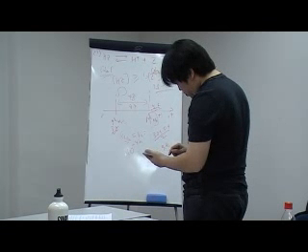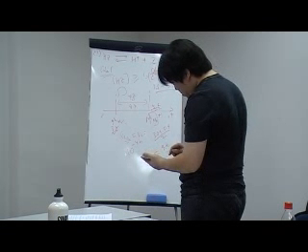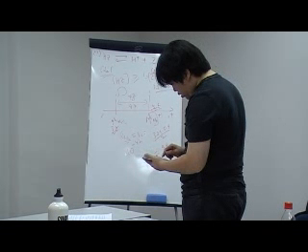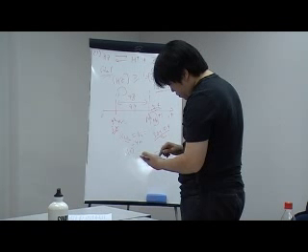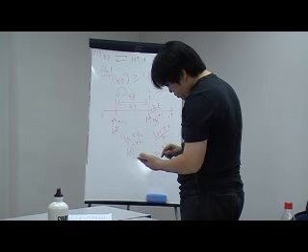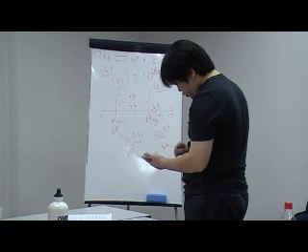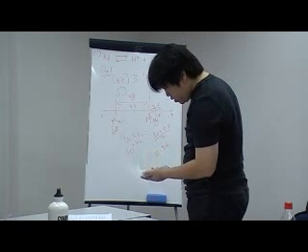3.8 plus 5.4 is 9.2, divided by 2 is 4.6. 10 to the power of minus 4.6. Yep, correct. I got it correct.